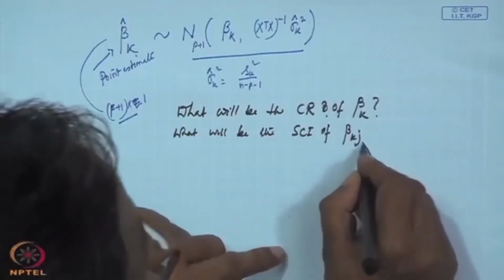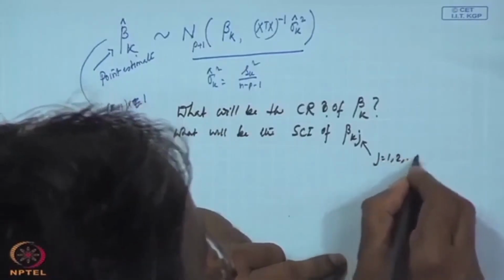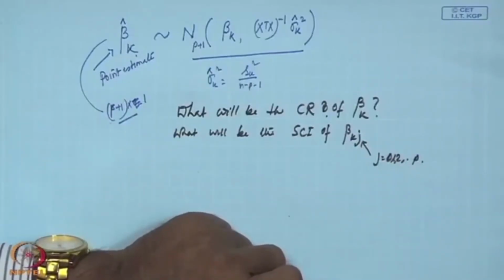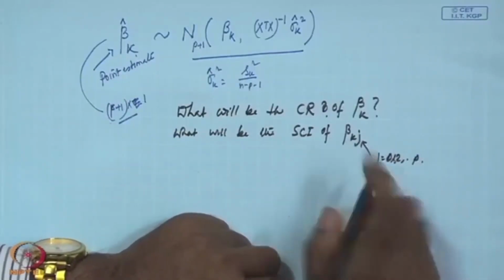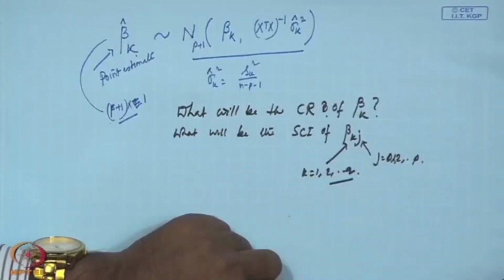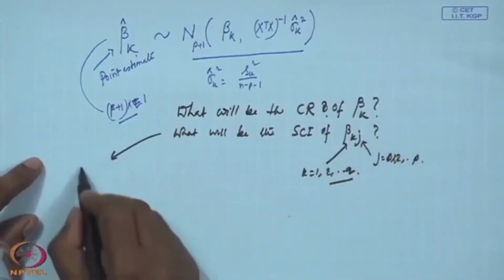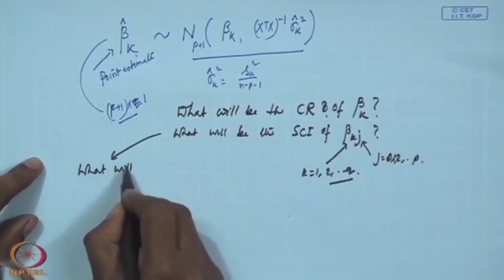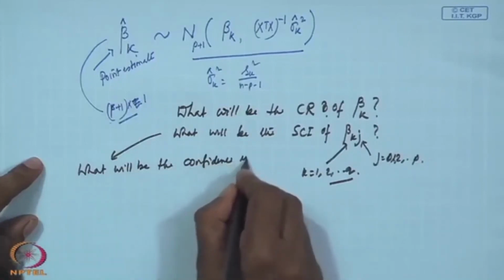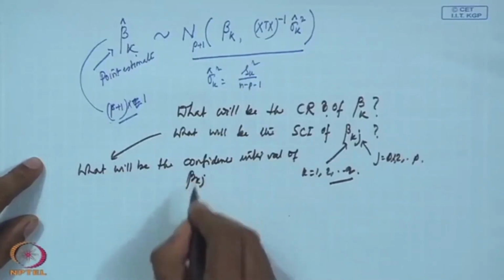That j stands for 0 to p, all the regression coefficients related to x variables. K stands from 1 to q. Then what will be the confidence interval of beta kj?